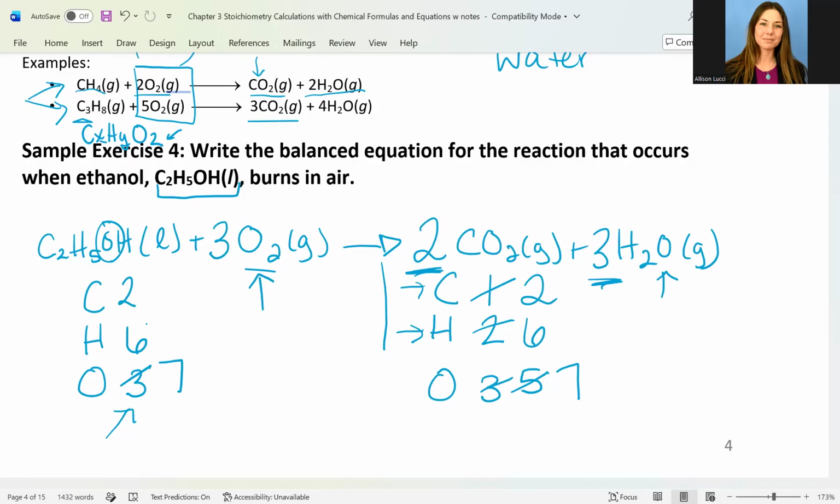So I end up with a 1 coefficient here in front of the ethanol, a 3 in front of my oxygen, a 2 in front of CO2, and then a 3 in front of water. So we have a 1 to 3 to 2 to 3 ratio of our reactants and products when we balance this combustion of ethanol.